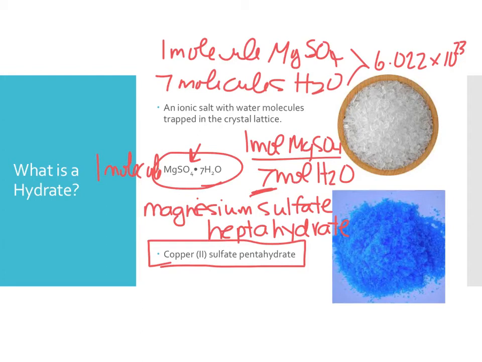So if we were going to write the formula for this, copper(II), that's a copper with a 2+ charge. Sulfate has a 2- charge, so that is neutral. We have this dot telling us that we have some water trapped in this hydrate, and because of the penta, we must have 5 waters.